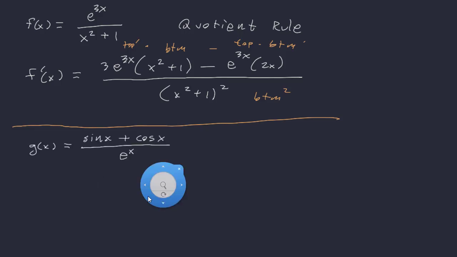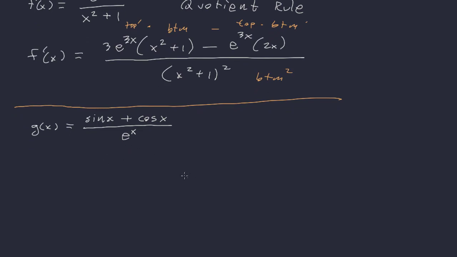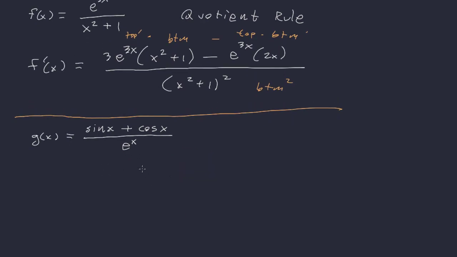For our next example, let's look at sine of x plus cosine of x all over e to the x. Once again, there's no real way to simplify this in a meaningful way that will actually help, so we're just going to use the quotient rule. So g prime of x would be the derivative of the top, so the top is sine of x plus cosine of x.